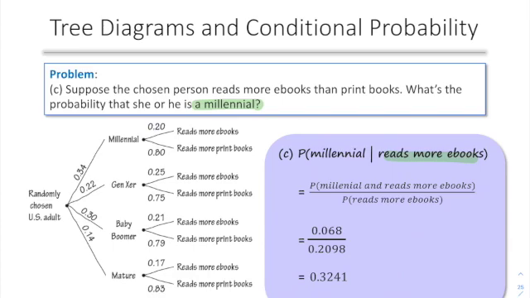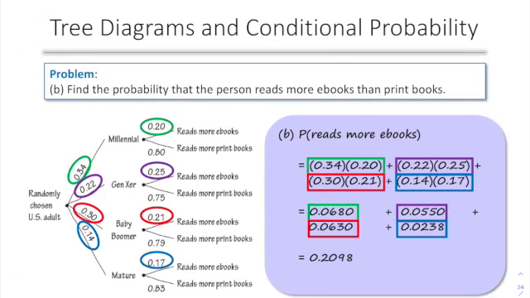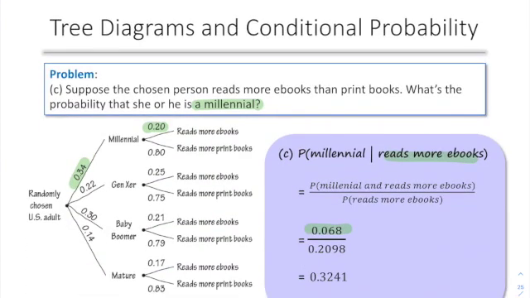Millennial and reads more ebooks: 34 and 20, so 20% of 34%, that's what gives us 0.068. And then reading more ebooks was the amount we found before, 0.2098. So the final probability of randomly choosing a person being a millennial, given that they read more ebooks, is 0.3241.